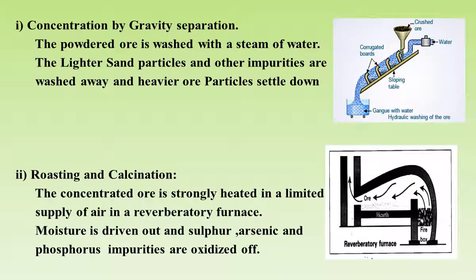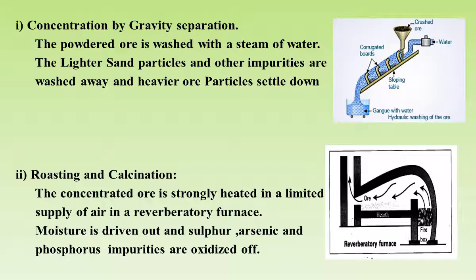Roasting and calcination means the concentrated ore obtained from gravity separation is strongly heated in a limited supply of air in a reverberatory furnace. The ore contains some moisture, so if you heat that ore the moisture goes out. And what will oxidize?